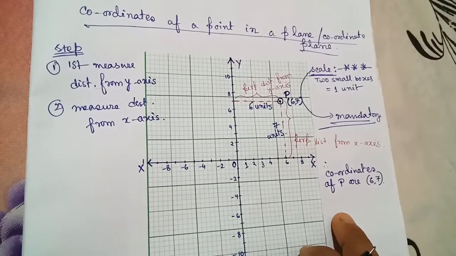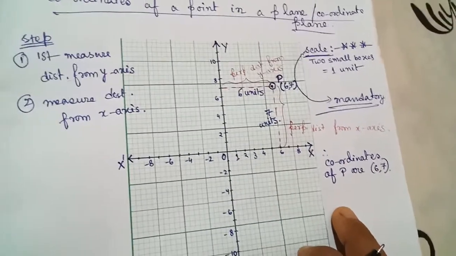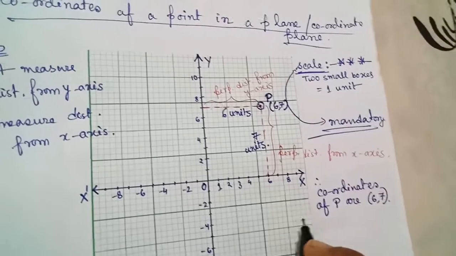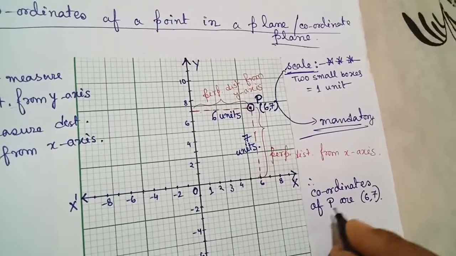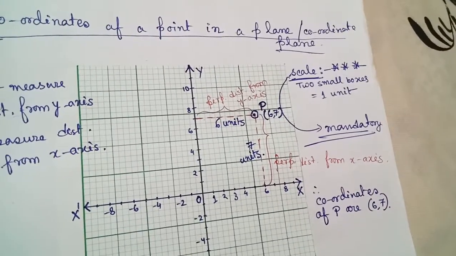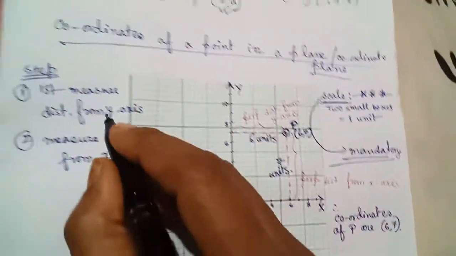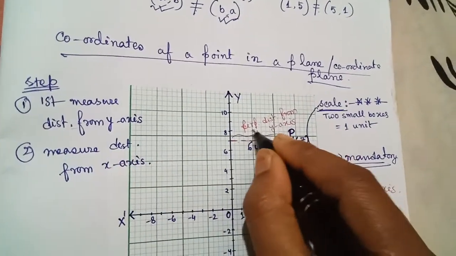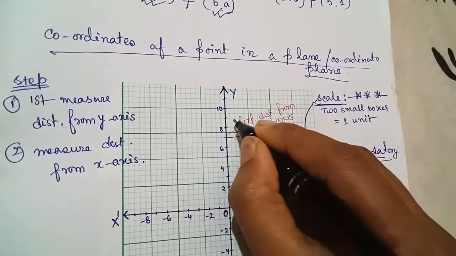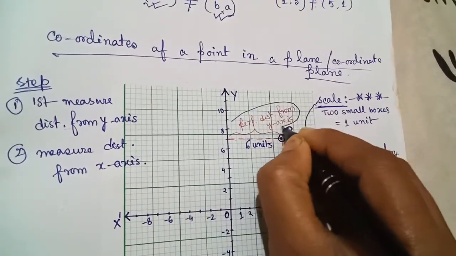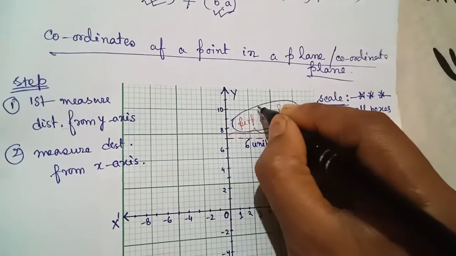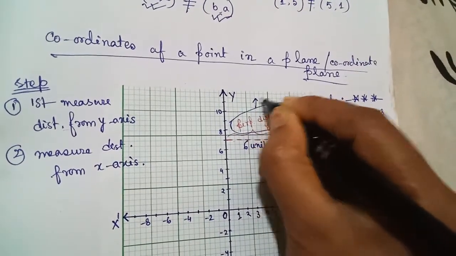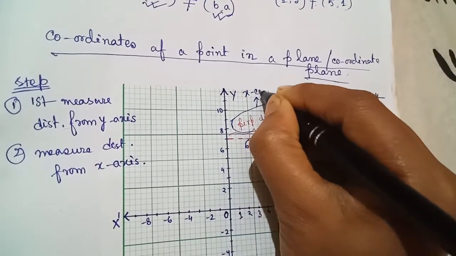Okay, so let's move on to the next part. Once we have got the coordinates of P, that means distances, the perpendicular distance from the y-axis, its name is x coordinate.